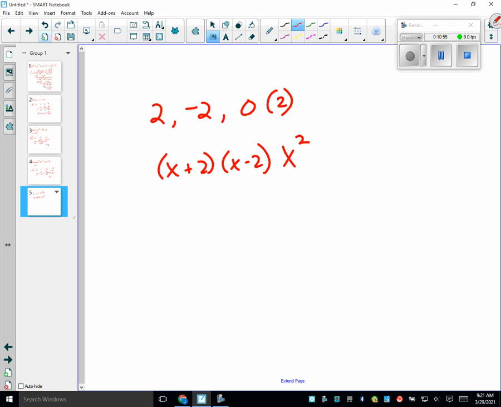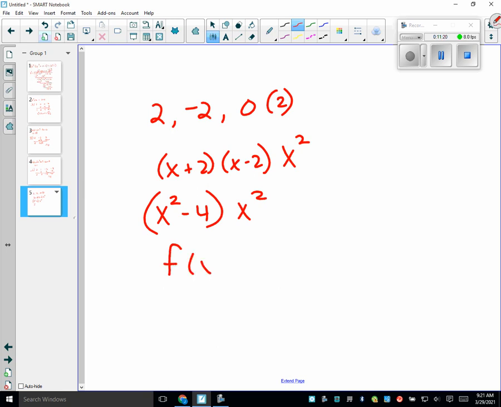Right? So now what? Multiply the first 2 together. Do we need to FOIL them? x squared minus 4 times x squared.